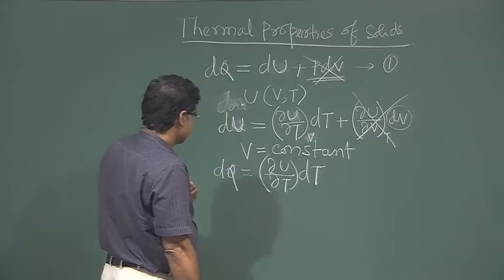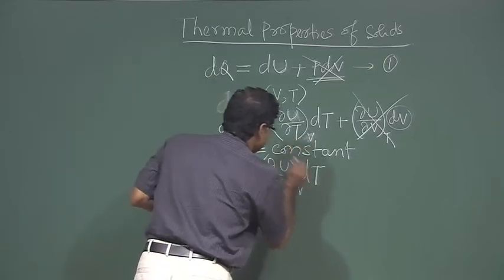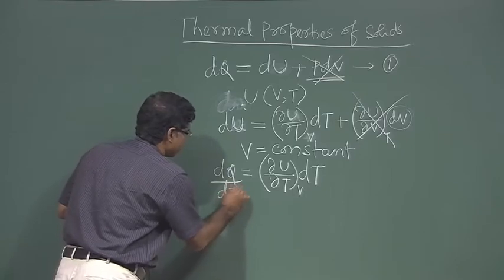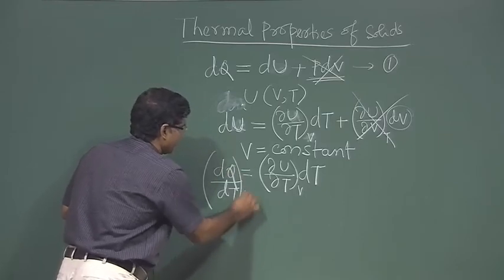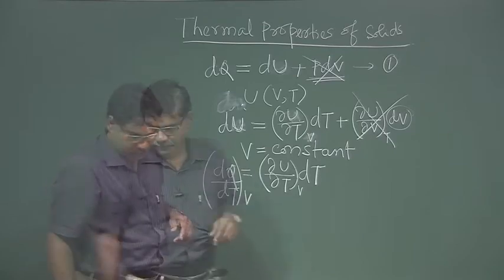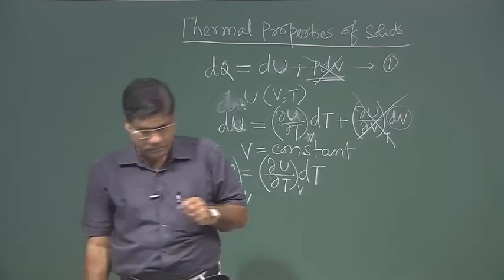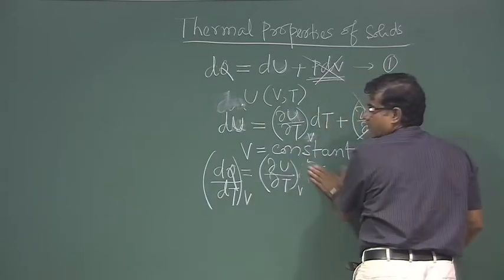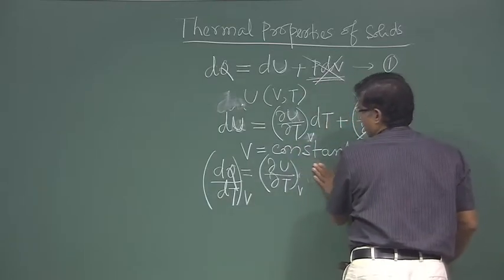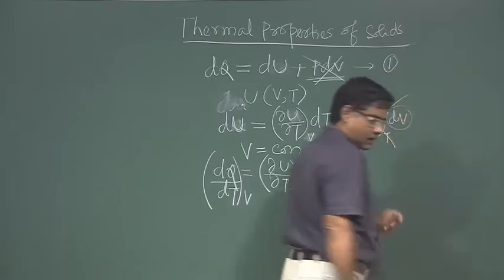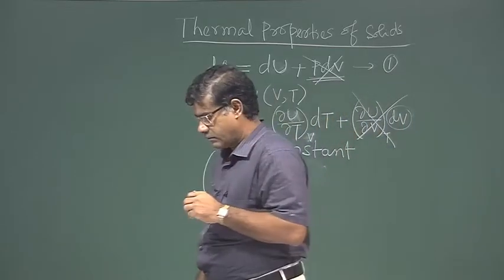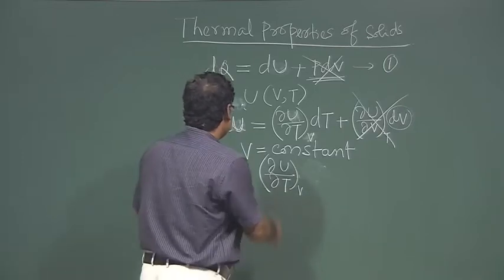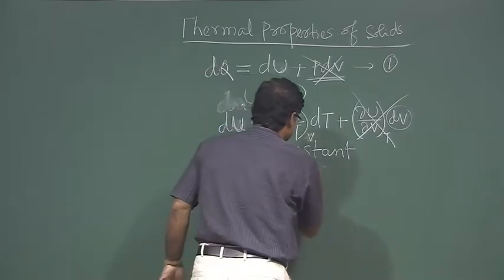So, at constant volume, we can write dq by dT at constant volume. What is this?